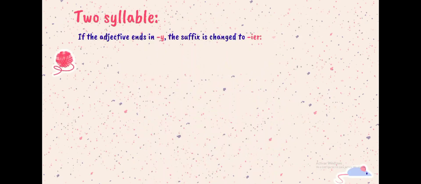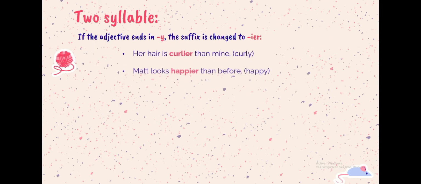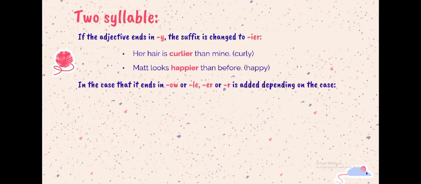Two syllables. If the adjective ends in Y, the Y changes to ier. Example, her hair is curlier than mine. My mom looks happier than before. 2. In the case that it ends in ow, le, er, or ure, R or er is added depending on the case.